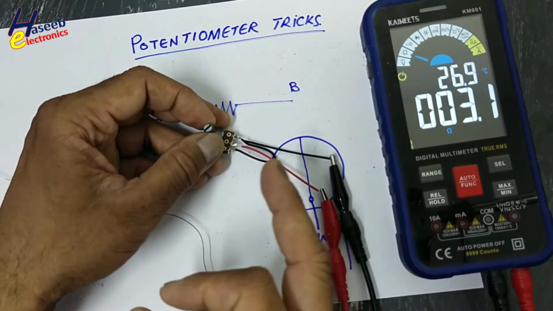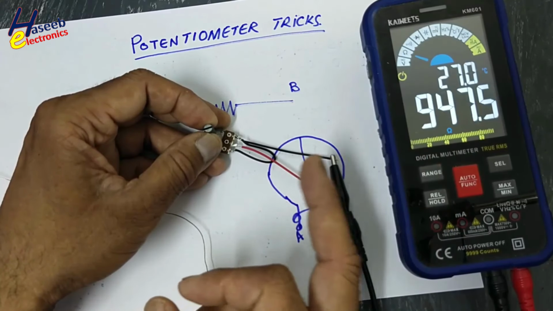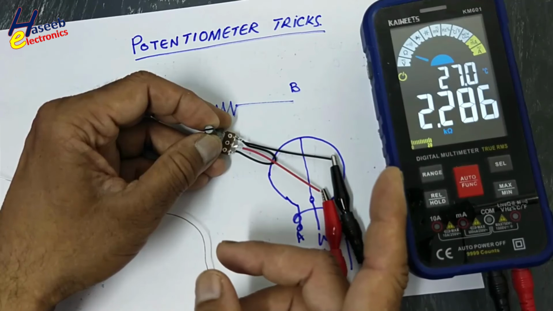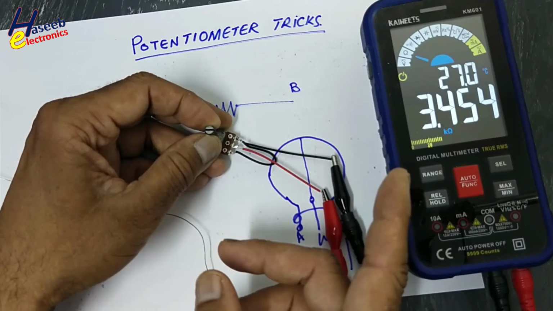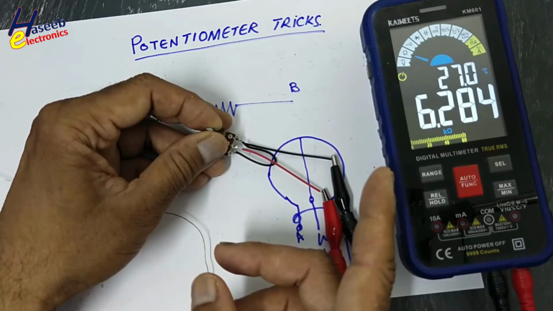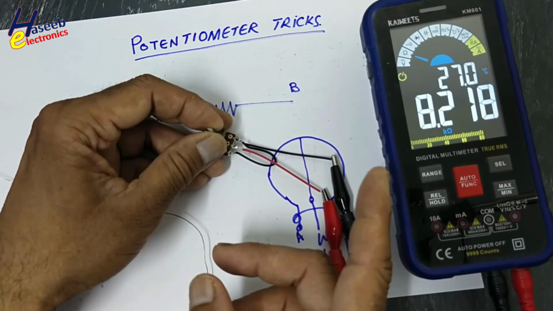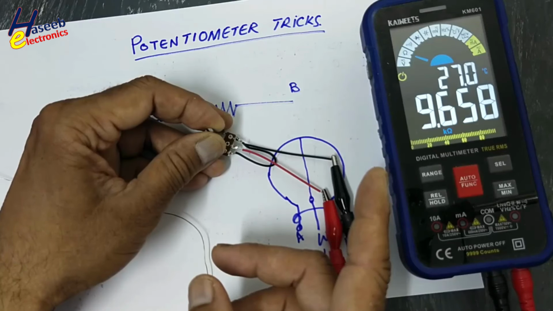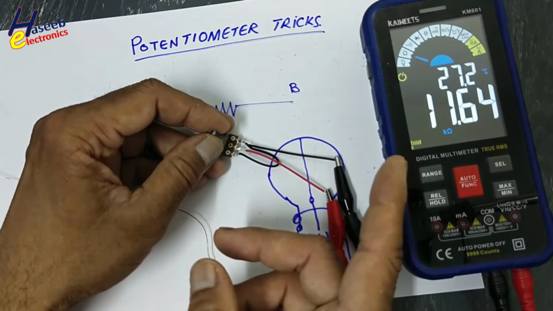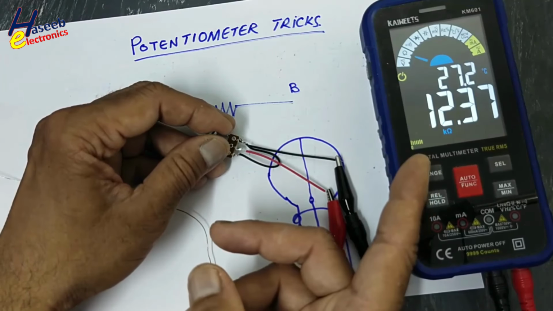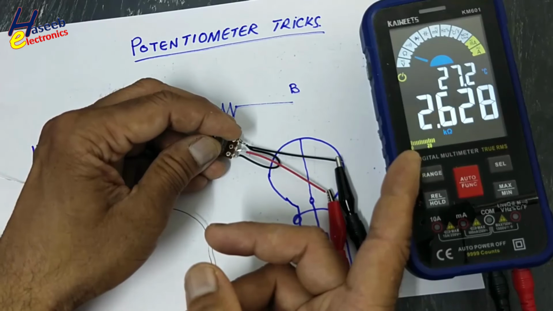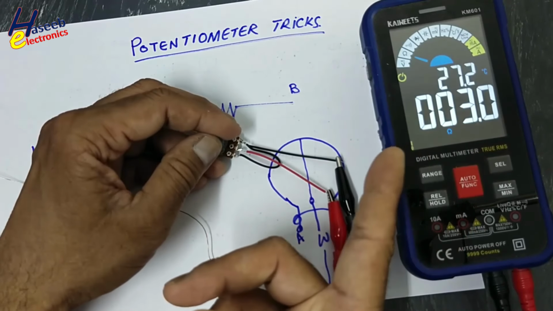Counterclockwise 0, .35. Now the resistance is again decreasing, 0.